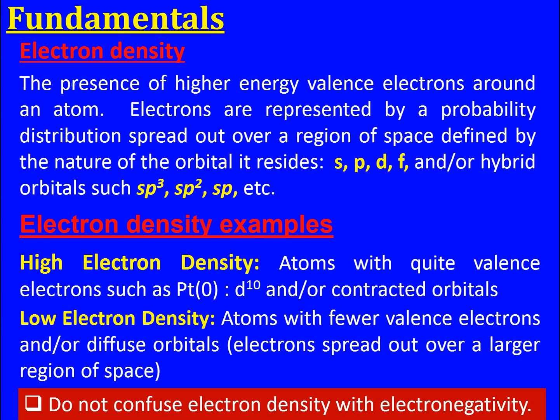And if these 2 electrons donated from the ligand are not close to the metal M, but are close to the ligand, the electron density around M is low, and we say that this metal is poor in electron density.